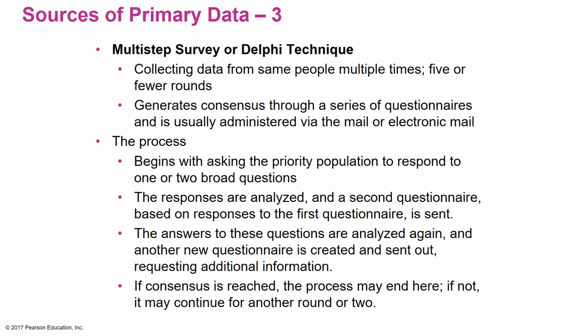All right, so what is the Delphi technique? You start off with your initial survey. Here's that one or two broad questions. It could be more. So maybe you start off by asking a question: are you physically active, or do you have type 2 diabetes? Okay. So now you're identifying individuals that do.